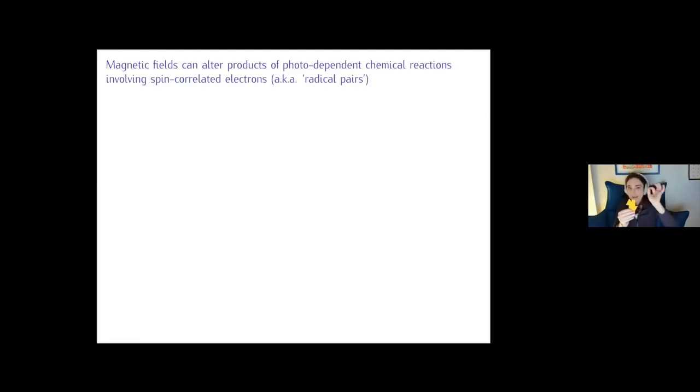So in the presence of an external magnetic field of a strength that is small compared to the hyperfine interactions, this one will Larmor precess at the Larmor frequency of the external magnetic field, whereas this one will Larmor precess at the frequency of the external magnetic field plus the Larmor frequency of this hyperfine interaction, which sort of dominates.